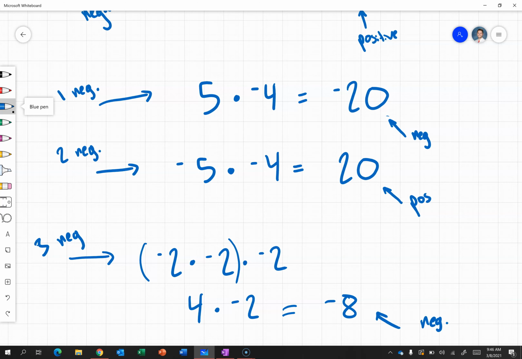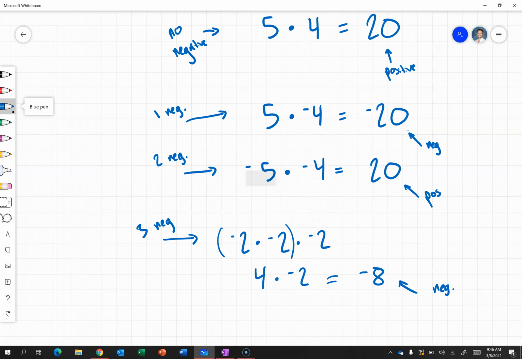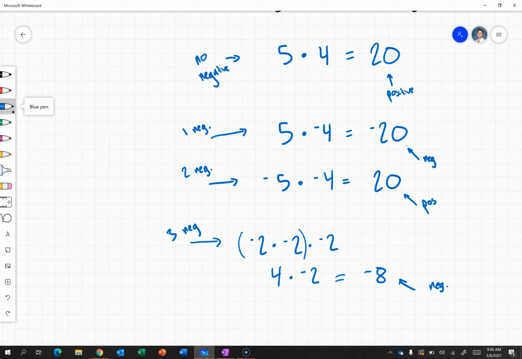So the easiest way to think about this when you are multiplying integers is to see how many negative signs you have. And if you have an odd number of negative signs, right? So for example, here we have 1 negative. 1 is an odd number. Our answer is negative. In the last one, we had 3 negatives, and 3 is an odd number, so our answer is negative.